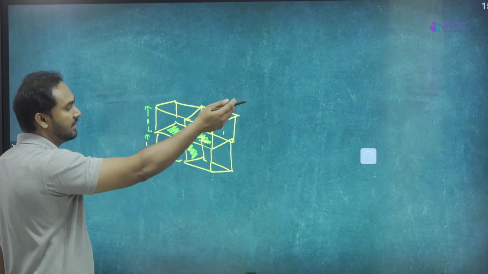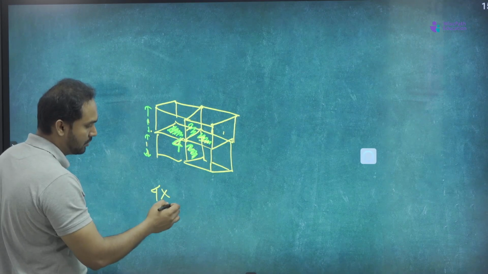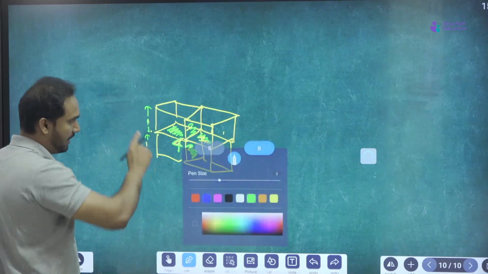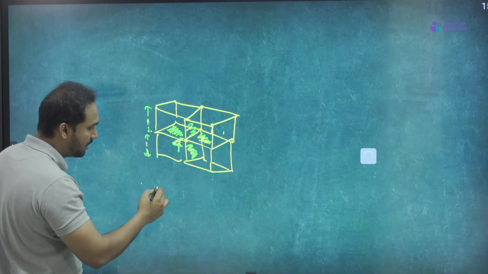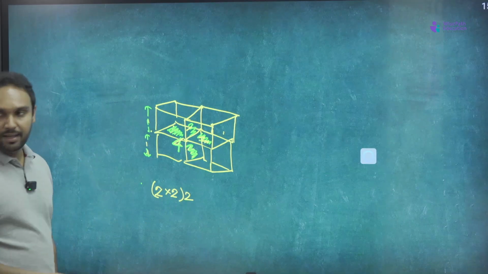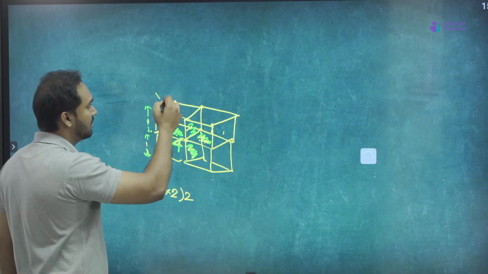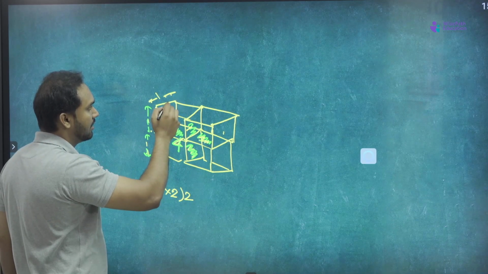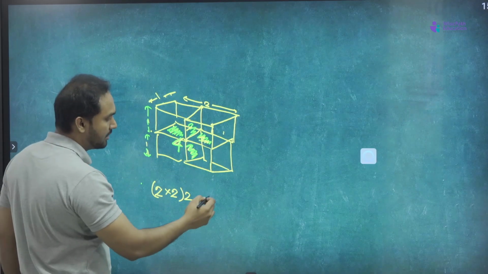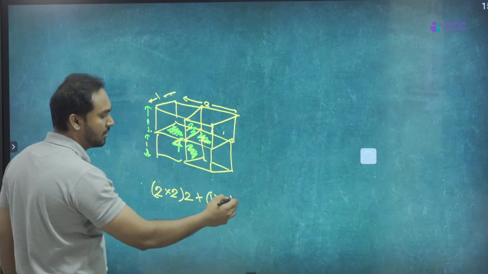How many such sides are there? Two. Sorry, this area is 2 into 2, and two of the faces alike are there. There is one like this on the other side as well. This face, this is 1 and this is 2, so 1 into 2, and two of those faces are also there.